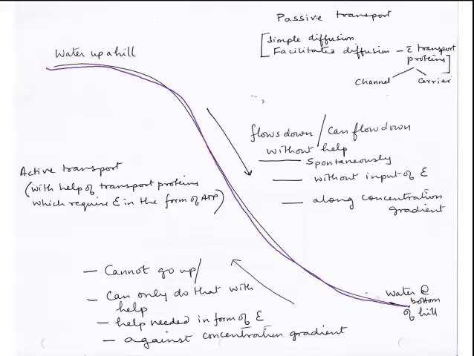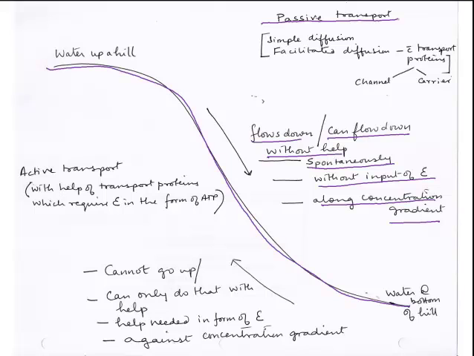Now this water which is present up the hill can flow down without help, and this is understandable. You don't question it. That's right. So this process occurs spontaneously without input of energy along the concentration gradient. It is classified as passive transport.